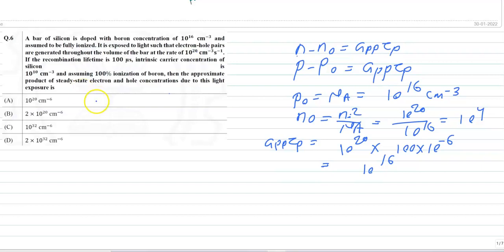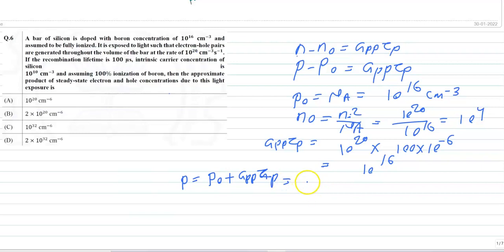So now you can calculate what is your p, what is your n. So p is equal to p naught plus G_P tau_p.